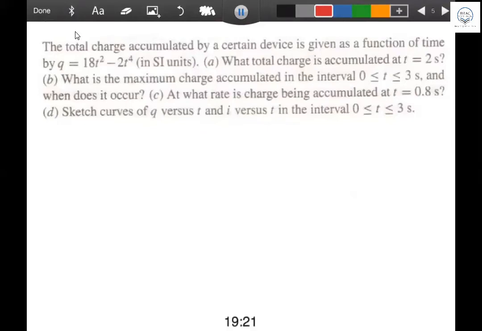What does it mean? You should understand first the charge accumulation in a certain device. What sort of device can accumulate charge? Accumulation means storing the charge. What device stores charge? Capacitor. And what is inside your pocket?